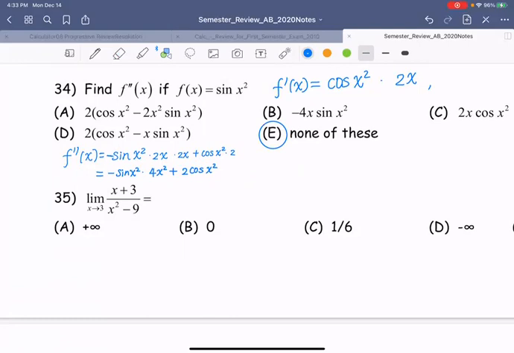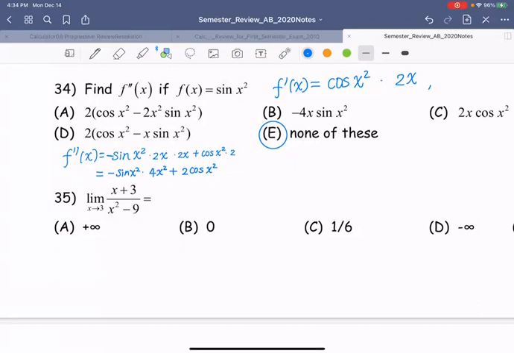What question are we on? We're on question 34. Question 34 is A. Really?